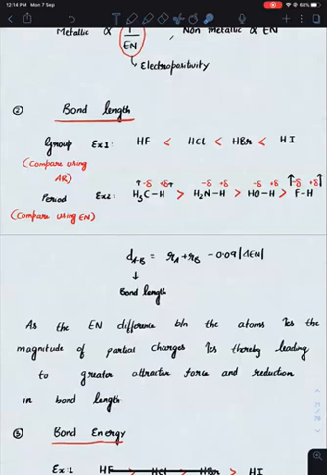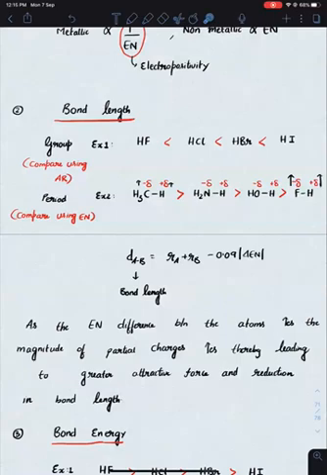So if you are comparing the bond length of CH4, NH3, H2O, and HF, all these elements, carbon, nitrogen, oxygen, fluorine, belong to the same period. So you need to compare using electronegativity difference, but not using atomic radius.